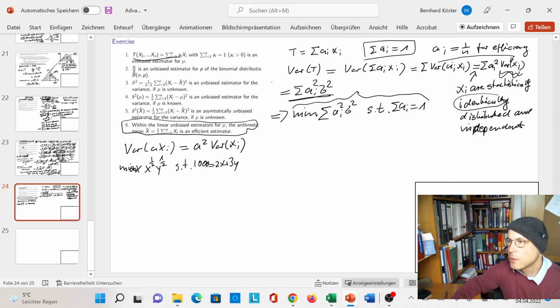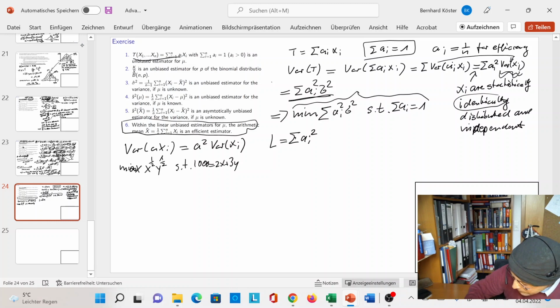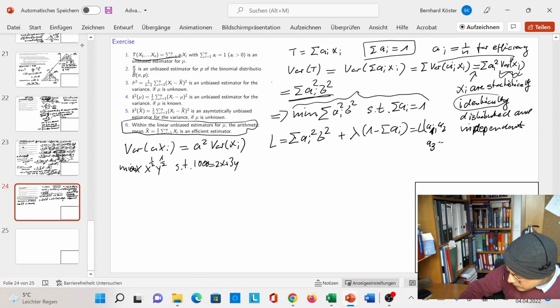Nothing else we have here, so we can also take the Lagrangian function and obtain L equals sum a_i squared sigma squared plus lambda times 1 minus sum a_i. And this is just a function of all a_i, a_1, a_2, a_3 up to a_n, and lambda.